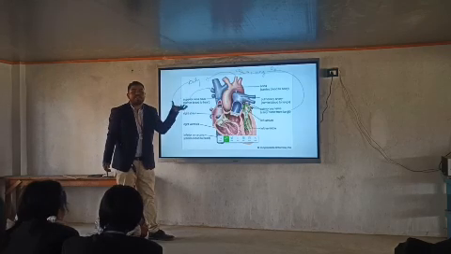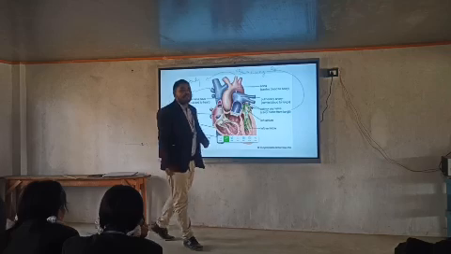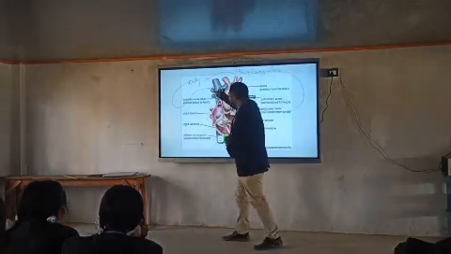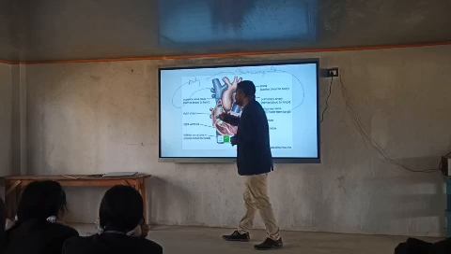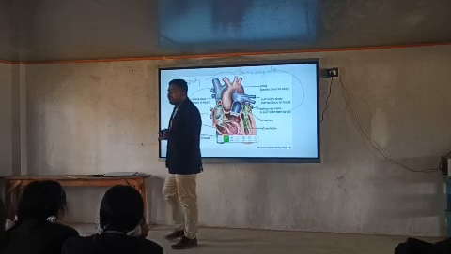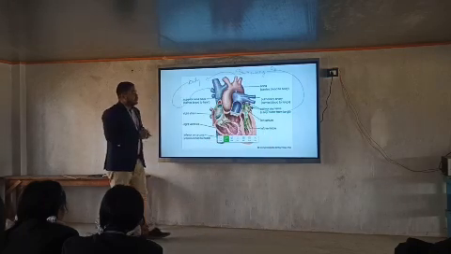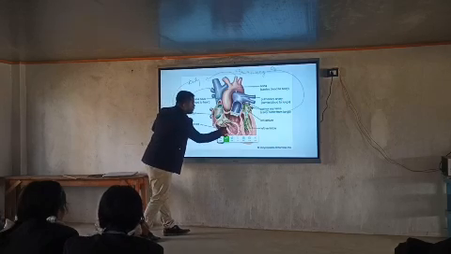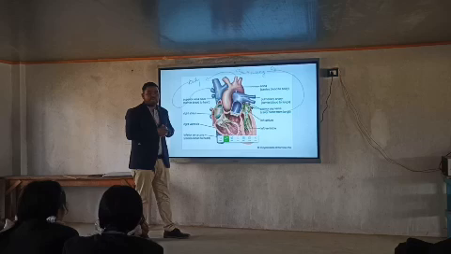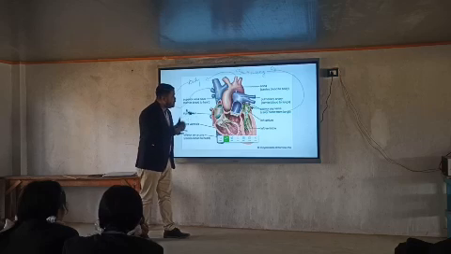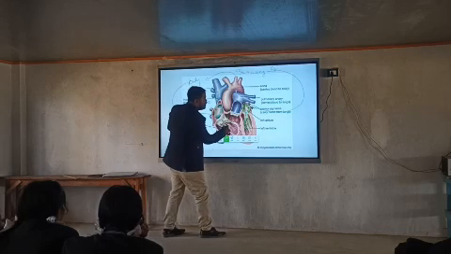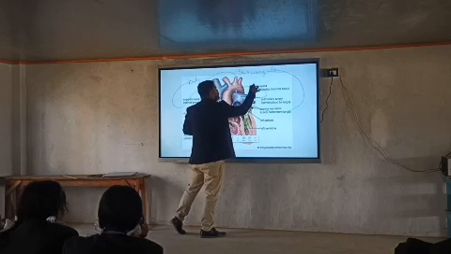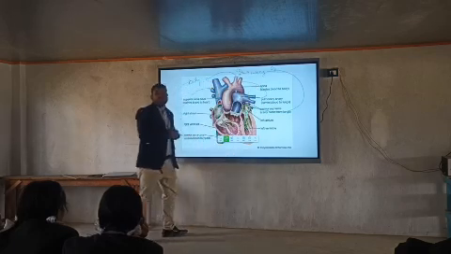Now the blood from the body is collected through the vena cava and enters the heart in the right atrium, right? From the right atrium, the heart contracts and the blood goes to the right ventricle. And from this point, the blood goes to the pulmonary arteries and back to the lungs again for oxygenation.